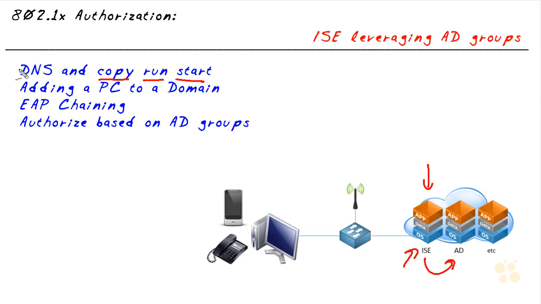The other thing I wanted to share with you about DNS is that when Active Directory and ICE are working together, as we're going to do in this video, and we're going to have ICE set up some authorization based on AD group membership, if we want those groups reflected and used in ICE, we need to make sure that DNS not only works, but that besides just forward resolution, meaning what is the IP address of this name, like ice.nuglab.com, the reverse lookups, the pointer records, are also set up.